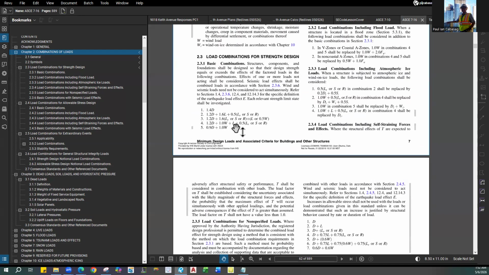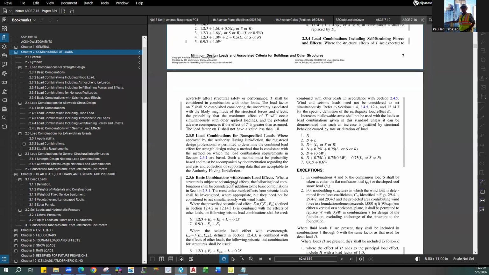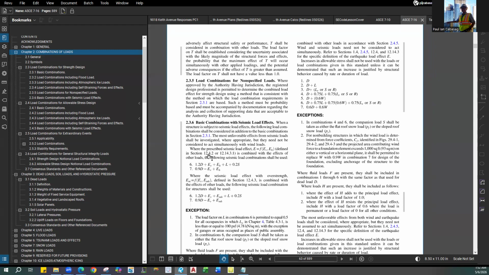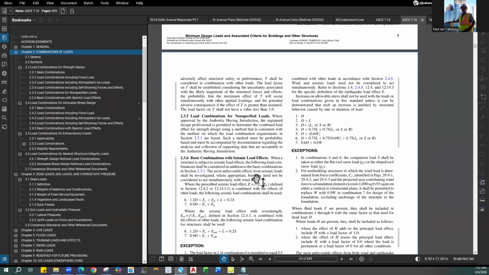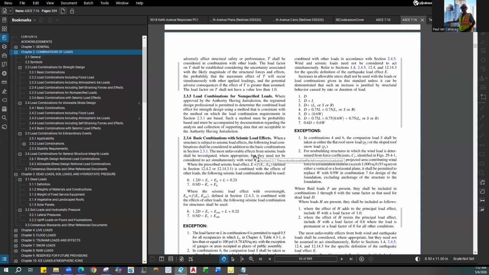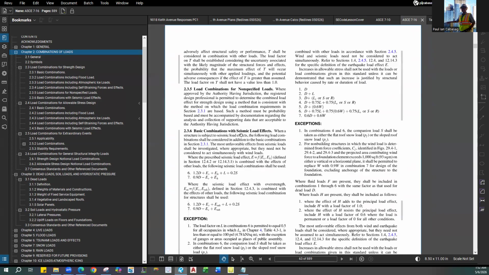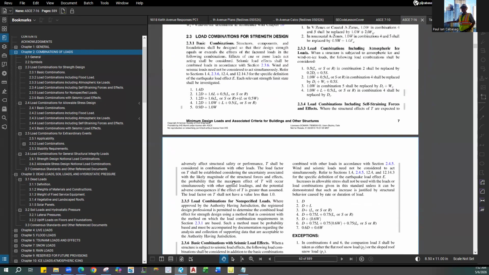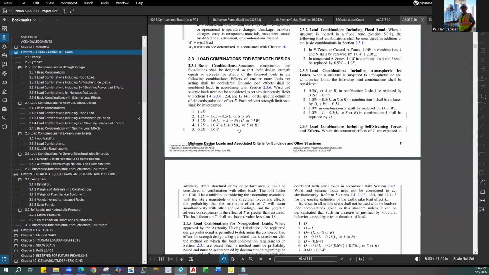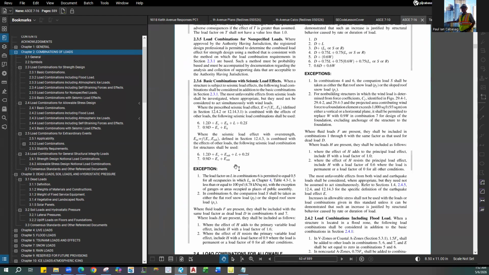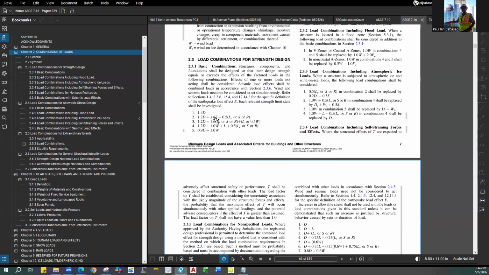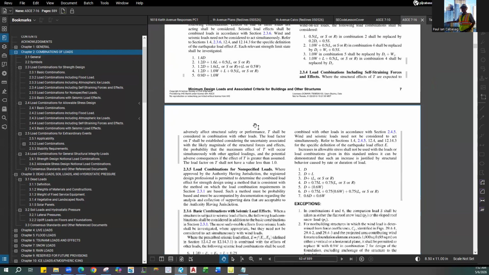But the wind load, the W, and also the E load, which I didn't really cover, those types of loads are the lateral loads. Lateral loads, wind and seismic, the E and the W, are part of the lateral system. The ones I covered were mainly just for gravity.